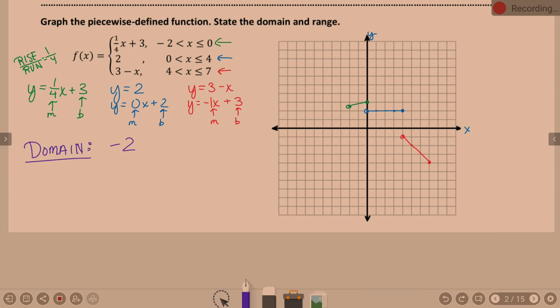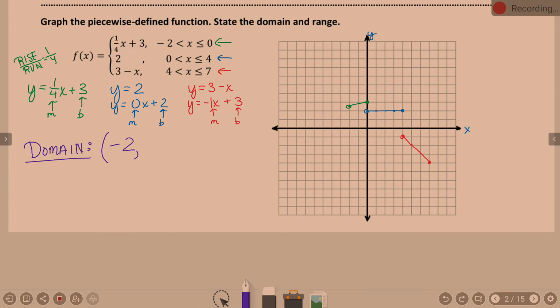Parenthesis or bracket. What kind of dot do we have here? Open. It's open. It's not equal to, so it's a parenthesis. Okay? Comma. 7. Yeah. 7? We're just going to jump all the way there? Yeah. Let's see if we like their answer.